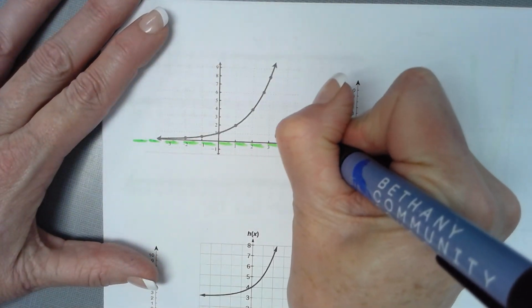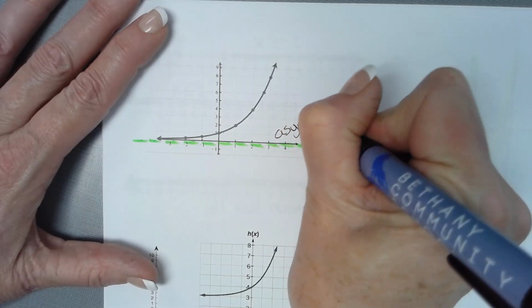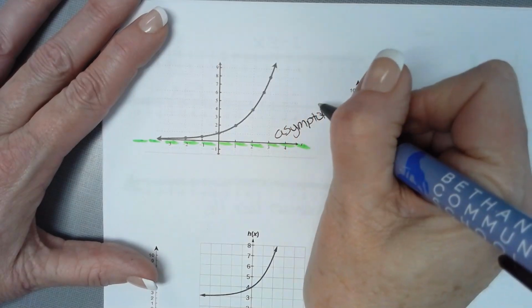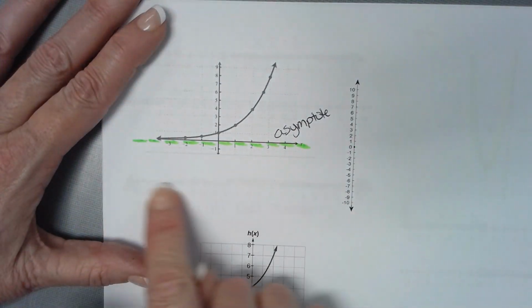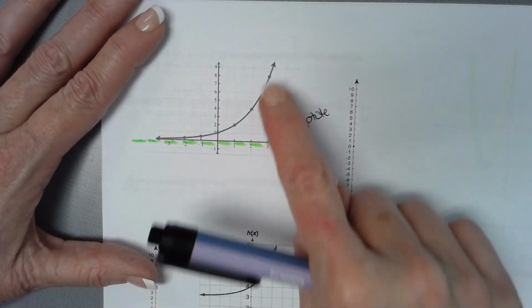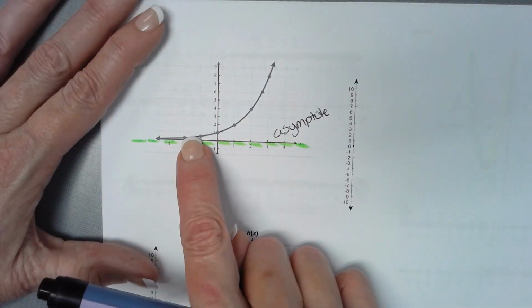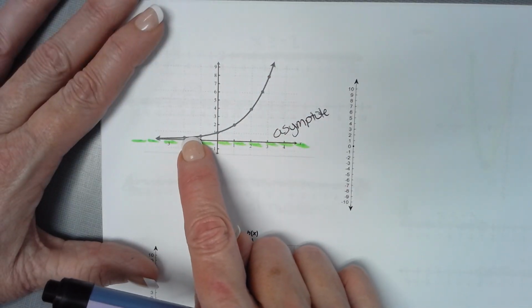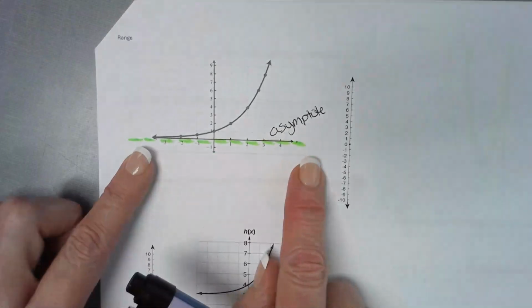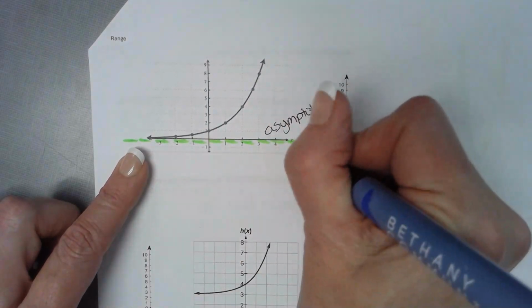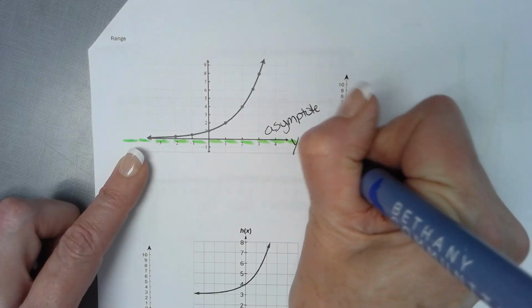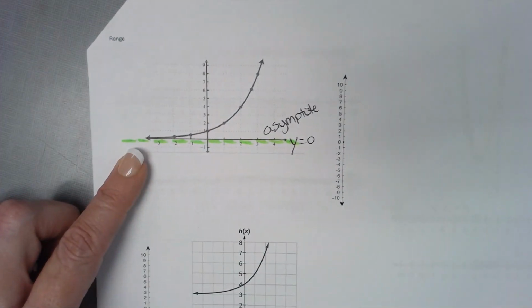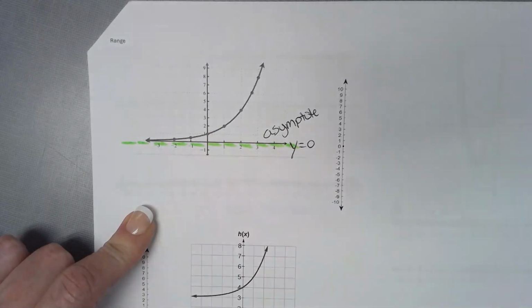Somebody tell me about an asymptote. It's an imaginary borderline where the curve can go to it but never touch it or go over it. So this borderline here for this particular one is actually at y equals 0. This is your x-axis. It's where y is 0.